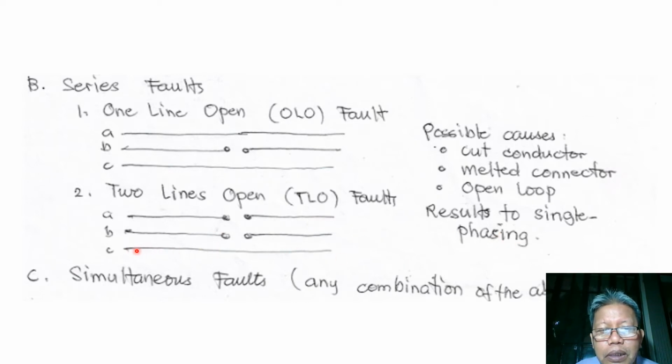So we have only phase C that is alive, supplying current to a portion of the circuit, and with respect to ground, the system is single phasing. And then the third type is of course the simultaneous faults. Any combination of the shunt faults and the series faults can possibly happen, and we call this a simultaneous fault.